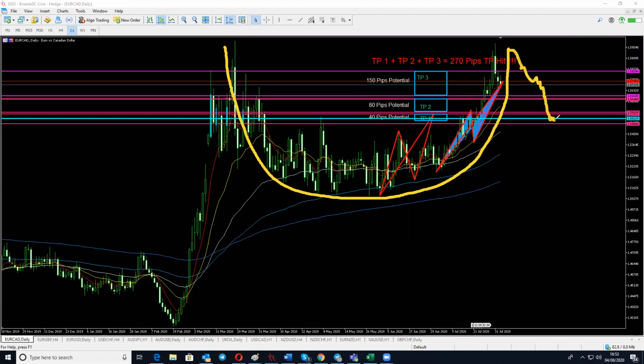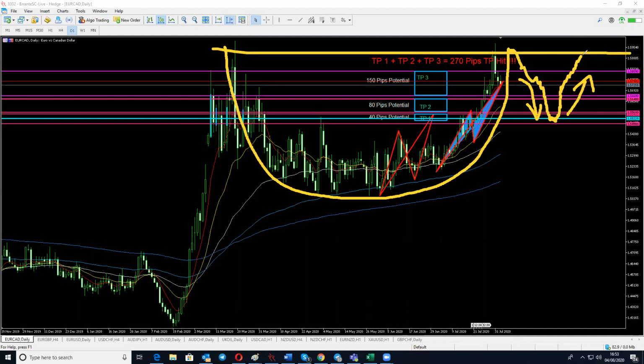It should then do something there and then bounce upwards. As it bounces upwards, you have got a bit of a buying opportunity there, and basically a bit of a selling opportunity there. Then as it breaks out from the cup, you will see it go up, come down a little bit, and then start to move upwards a lot more.